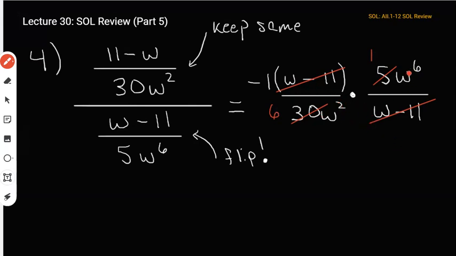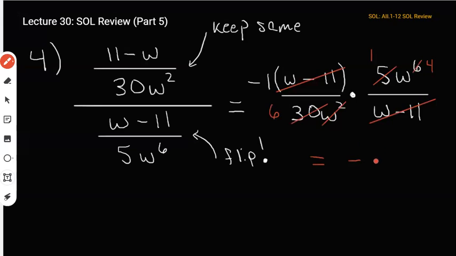Now I have 2 w's on the bottom, 6 w's on the top. If I get rid of 2 of the w's at the bottom, I can cancel out the w squared. I have to get rid of 2 of them at the top as well. So this 6 is going to change into a 4 since I just got rid of 2 of the w's. So now what's left on top? I've got a -1 times a +1. That's going to be a -1. So I'll just put the negative sign right there.